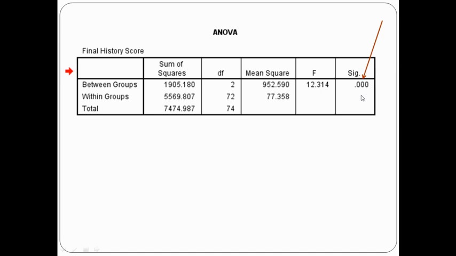What is the null hypothesis, ladies and gentlemen? Yes, the null hypothesis is that students from the three cohorts do not perform differently on the final result for the history subject. Since the p-value is so small, we can conclude that they did perform differently.